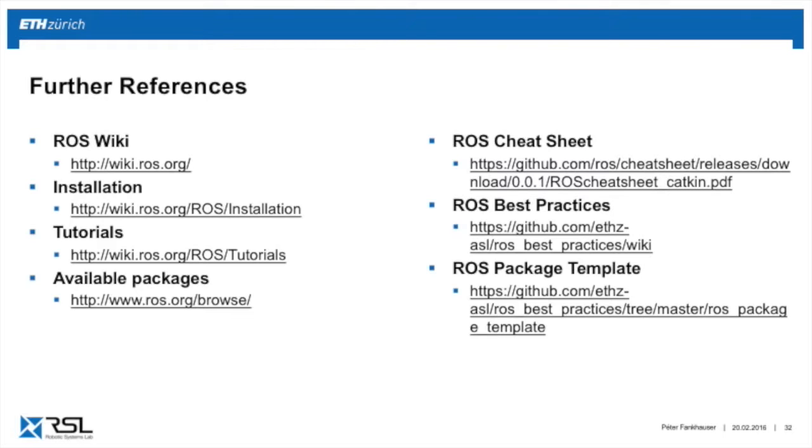In the future, you don't want to reinvent things. So before you start programming something, make sure that you check out existing software. You can do this on the ros.org/browse website, where all the ROS packages are listed. There's a ROS cheat sheet if you need, but you get into it very quickly and you know these commands by heart. And for tomorrow, we'll have 2 more links that you'll use, or in the next course.